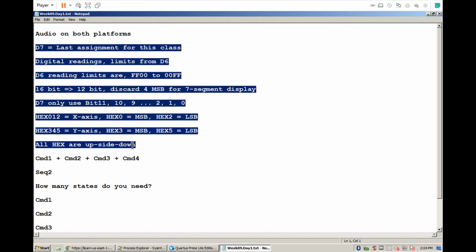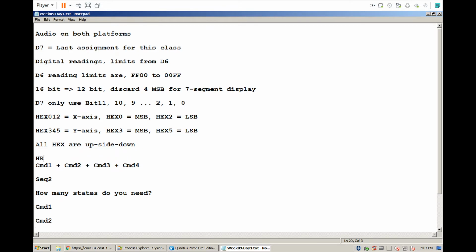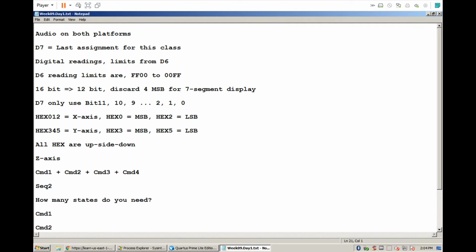Another interesting question, which is not related to this class, is: where is the z-axis? There's no assignment for this, but think about it. You tilt left, you tilt right, you tilt forward, you tilt backward. Where's the z-axis?